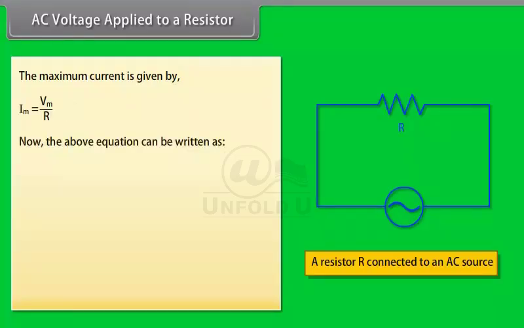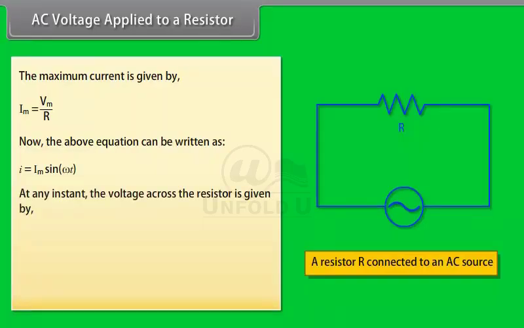Now, the above equation can be written as I = Im sin ωt. At any instant, the voltage across the resistor is given by VR = IR.